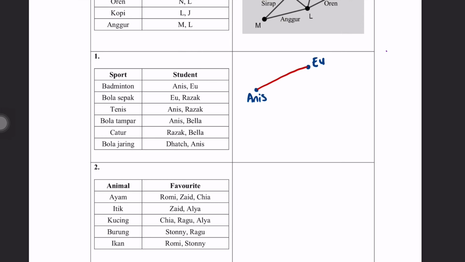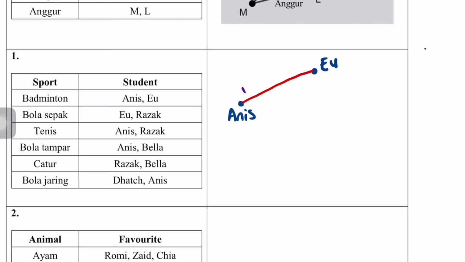Badminton. Tulis badminton. Okay, so seterusnya Yu dan Razak. Okay, contohlah Razak tepi sini. Okay, Razak. Okay, so sambungkan. Okay, Yu dan Razak adalah bola sepak. Tulis bola sepak. Tu weight dia.